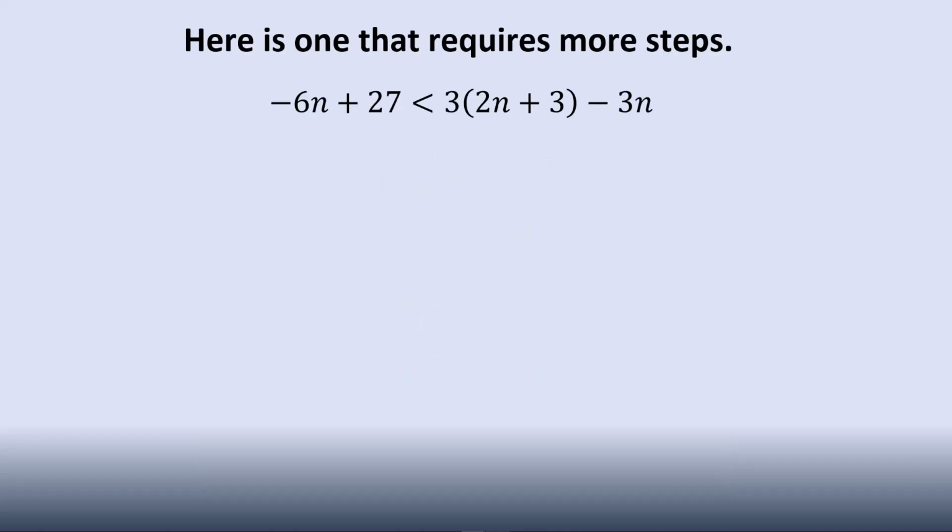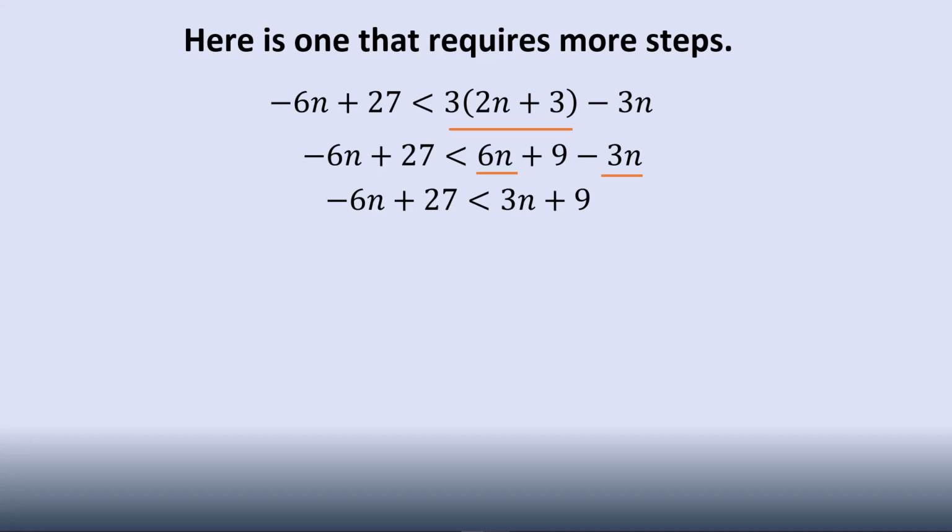Here is one that requires even more steps. First, we distribute the 3, and we get -6n plus 27 is less than 6n plus 9 minus 3n. Then we combine the like terms on the right, and we get -6n plus 27 less than 3n plus 9.